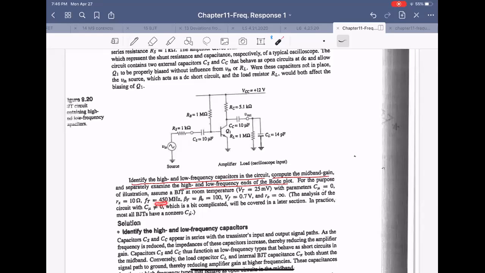It's called FT. And beta is 100. Base emitter voltage is 0.7 volts. And RO is infinite, so don't worry about the early effect. And C sub mu equals 0. And base resistance Rx is 10 ohm. Actually 10 ohm is very small, so we can eliminate this one.